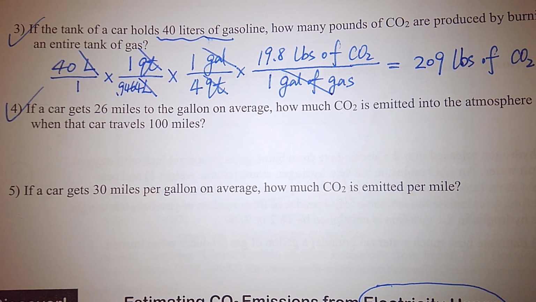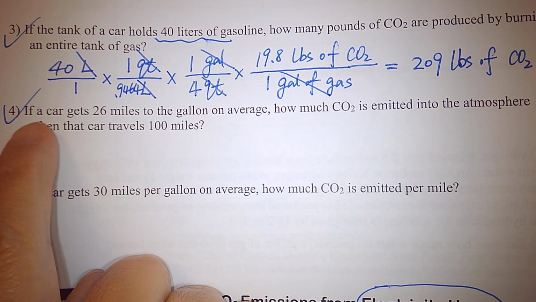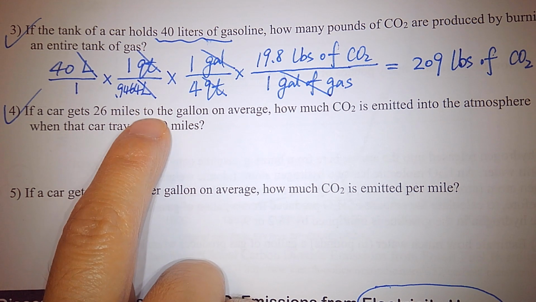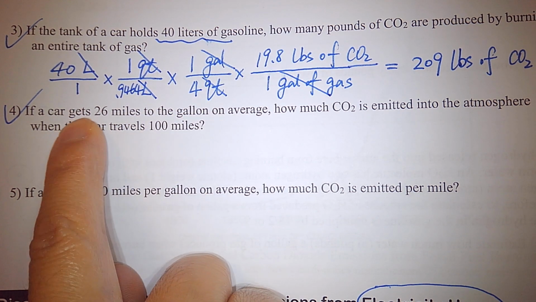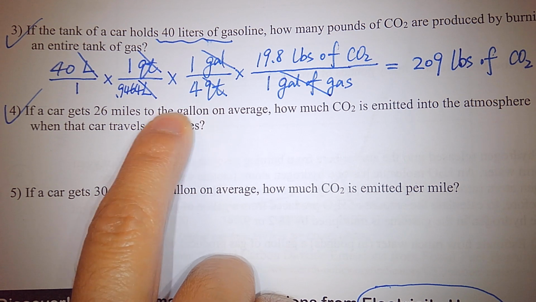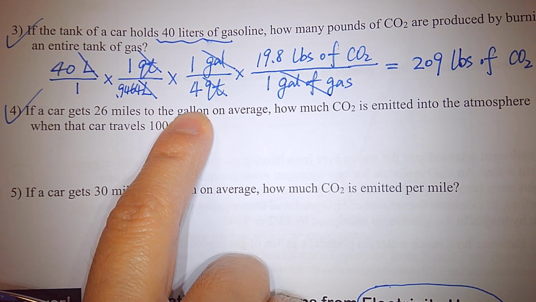If a car gets 26 miles to the gallon on average, how much CO2 is emitted into the atmosphere when the car travels 100 miles? Okay, good. If a car gets 26 miles to the gallon, that means you drive 26 miles and it will cost 1 gallon of the gas, right?